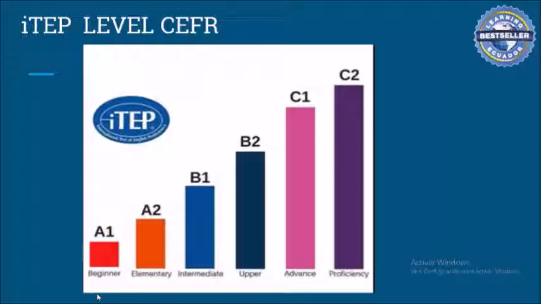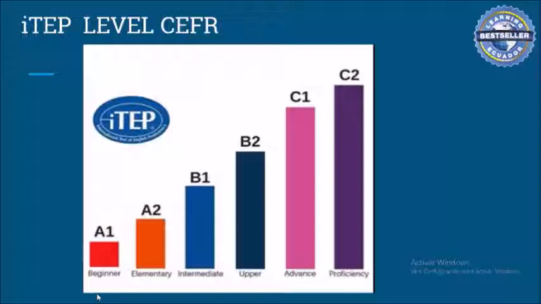The CEFR is made up of 6 levels defined by ability descriptors, that is, what students can do. These qualities could be applied to speakers of any language. The chart shows how our levels compare to these CEFR levels.